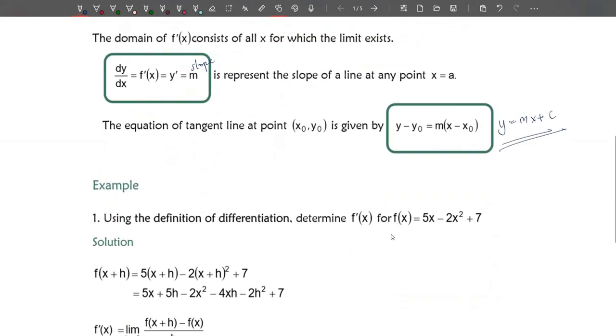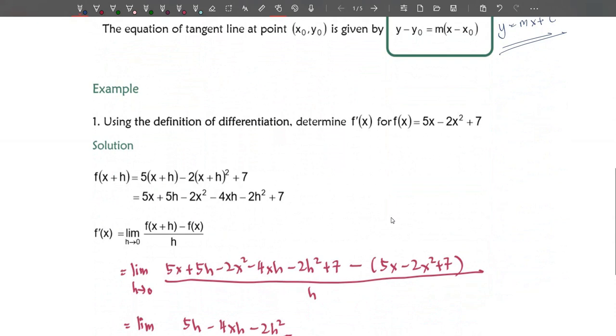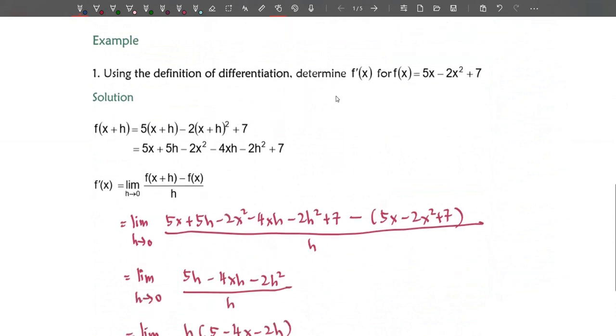Okay. Let's look at the first example here. Using the definition of differentiation, determine f prime x for f(x) equals 5x minus 2x squared plus 7. So, as you can see, the formula here is actually f prime x equals the limit as h approaches 0 of f(x plus h) minus f(x) divided by h.